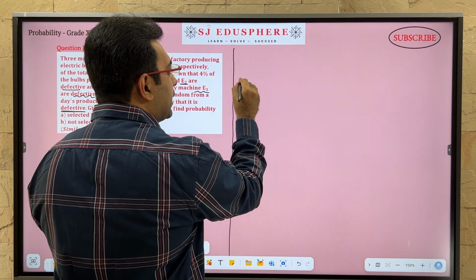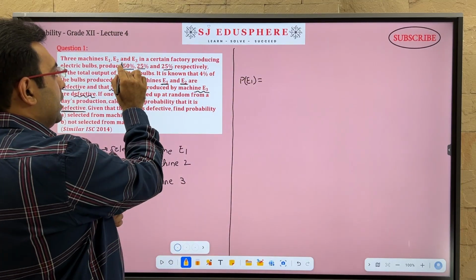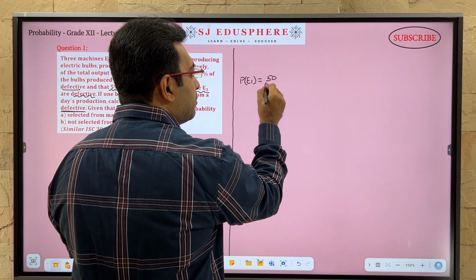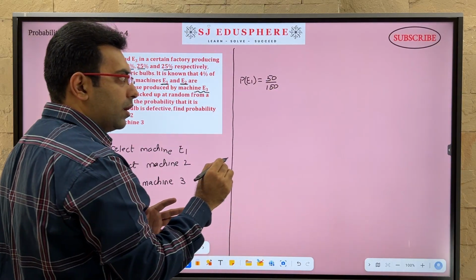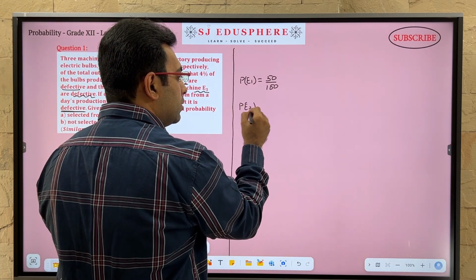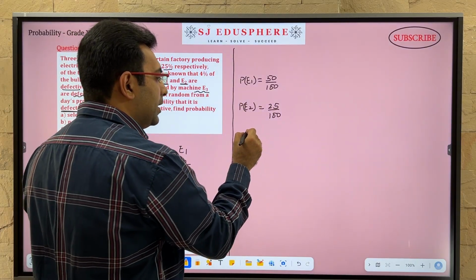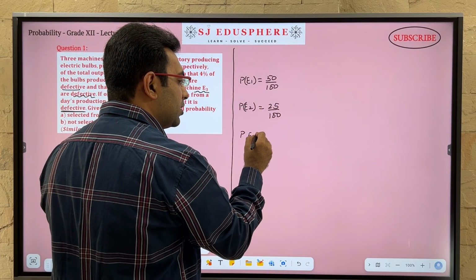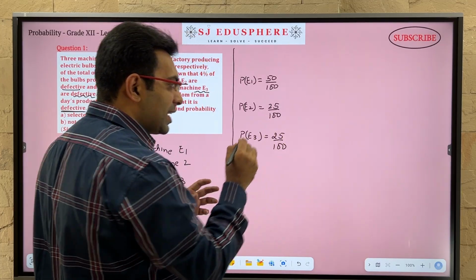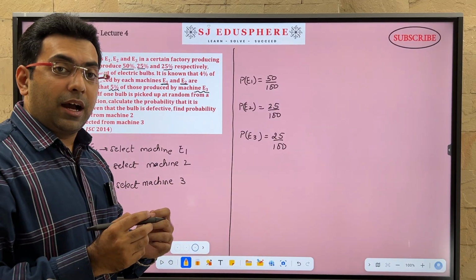My probability of selecting machine 1 is it does half of your production. It does 50% of your production. My probability of selecting machine 2 is 25%, and my probability of selecting machine 3 is the other 25%. This adds to 1.